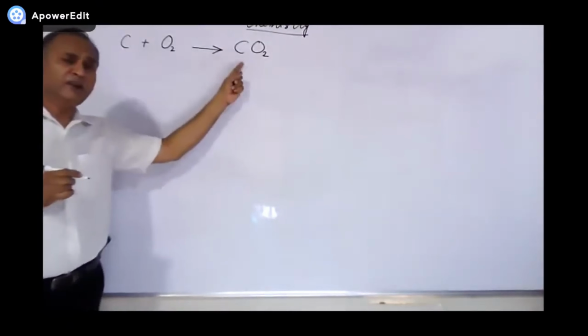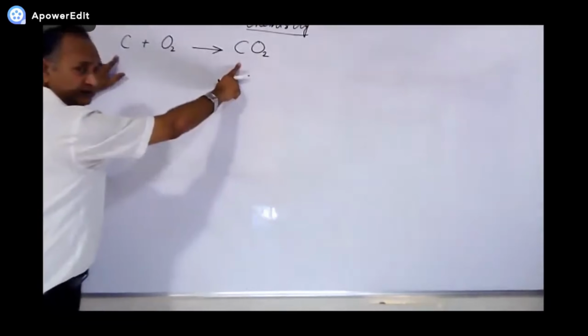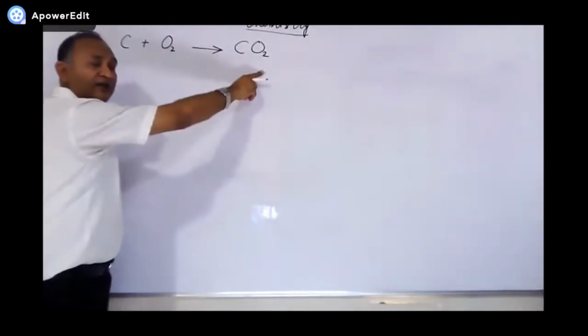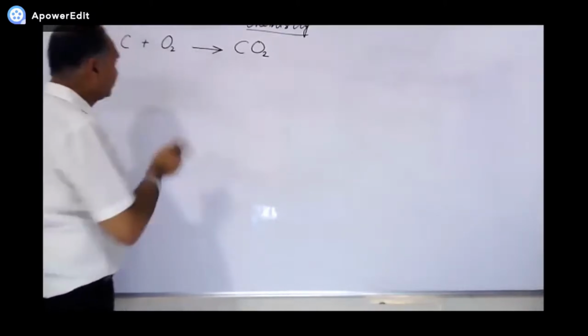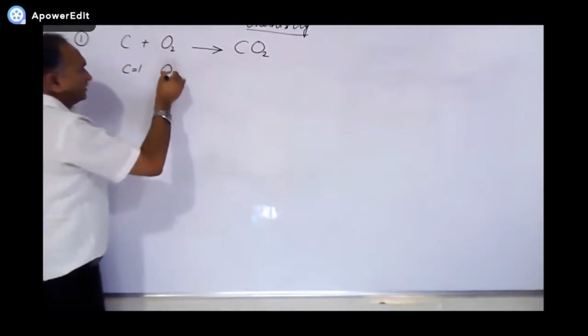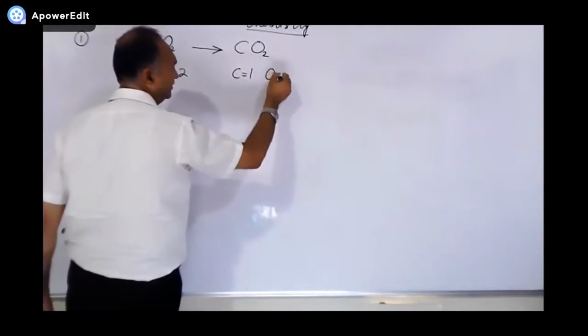How many carbons on left? Just one. So carbons are balanced over here. How many oxygen on left side? 2. How many oxygen on right hand side? 2. So everything is balanced here. Here we have 1 carbon, 2 oxygens, 1 carbon, 2 oxygens.